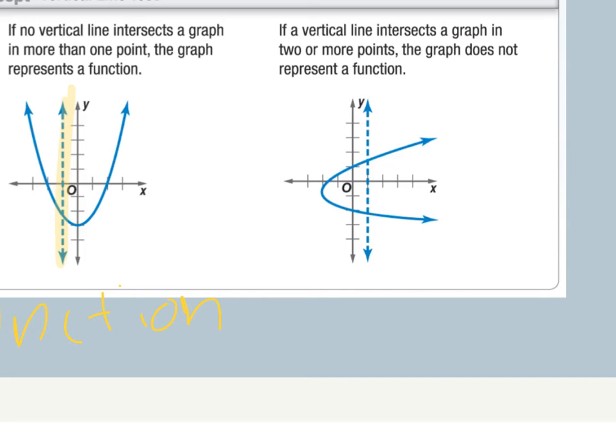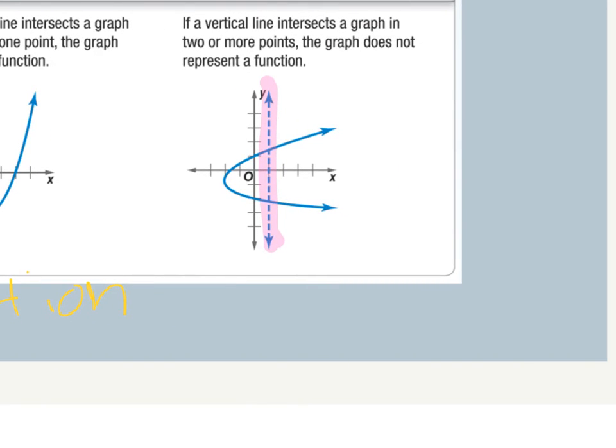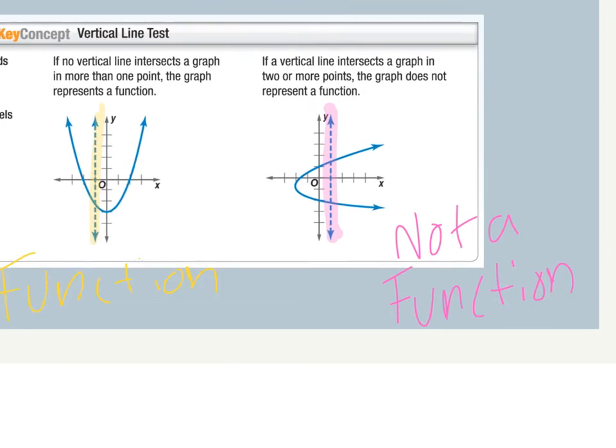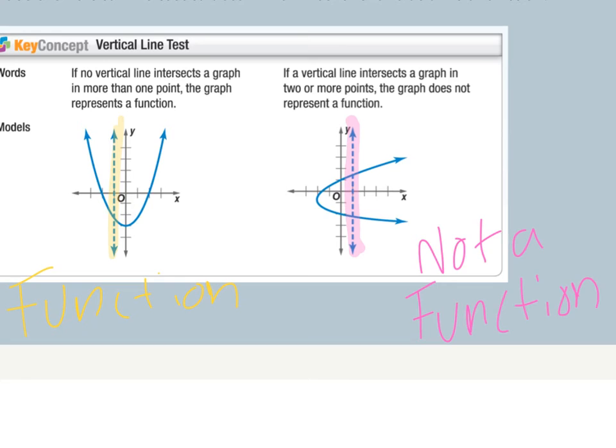For the second one, when we have our vertical line, this touches the graph at 2 points at the same time, so this means that it is not a function. So with the vertical line test, you just take a vertical line, go over the graph, and if your graph touches the vertical line at 2 points at the same time, it's not a function.